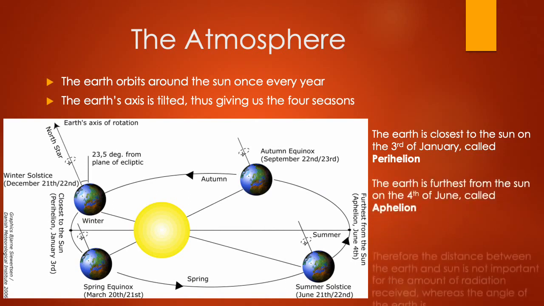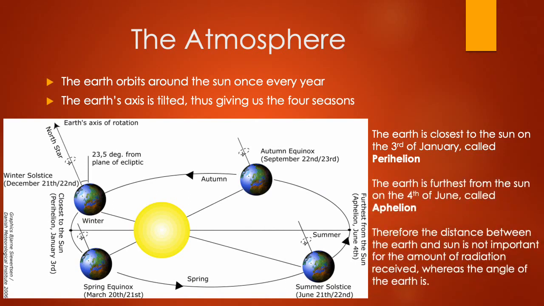So as you probably already know, there's a lot of planets in the solar system, but our planet Earth rotates around the sun. And the Earth itself orbits the sun once every year, or every 365 days. Now, because the Earth is tilted, and that tilt is around 23.5 degrees, this is what gives us the different seasons.